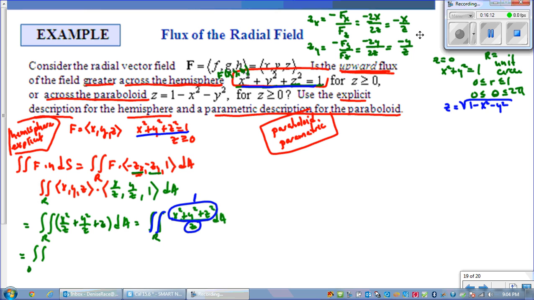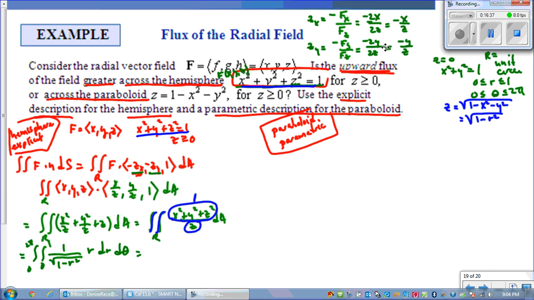Now I'm going to go ahead and change this over to polar coordinates. We've got 1 over z, which is the square root of 1 minus x squared minus y squared, which is simply 1 minus r squared. And putting it in polar coordinates, I need an extra r.